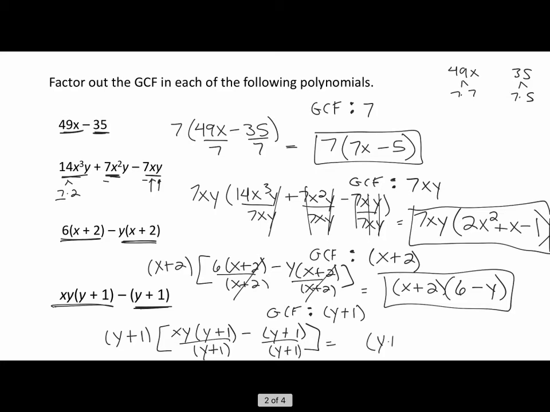Okay, so GCF. And let's see what we get when we divide that factor. It cancels out multiplicatively. It leaves xy. In the second term, if we divide that factor, that cancels out, and that leaves just 1. So we still have a remaining binomial after we factored out the greatest common factor.